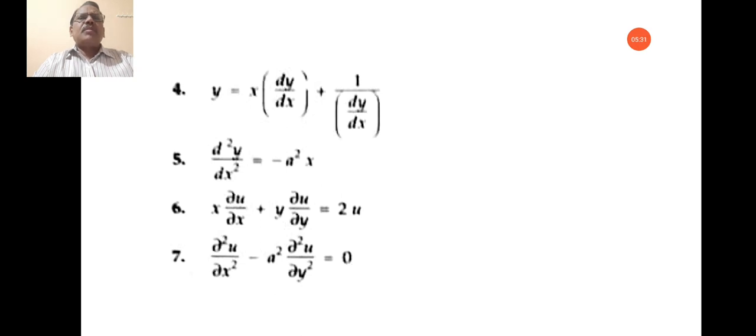Fourth one is y is equal to x into dy by dx plus 1 by dy by dx. So here after simplification, that is multiplied by dy by dx, the equation becomes y into dy by dx is equal to x into dy by dx whole square plus 1.